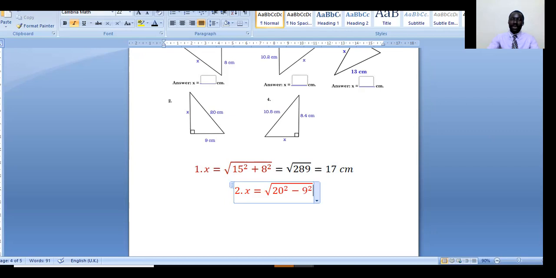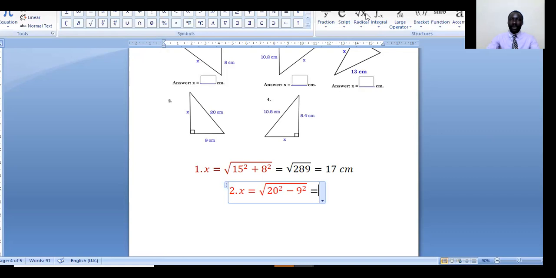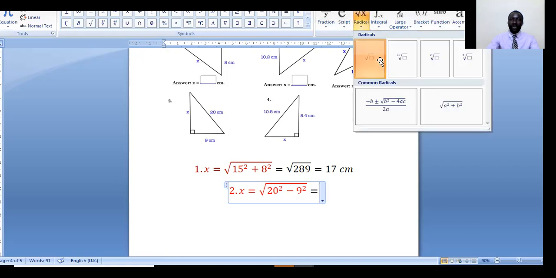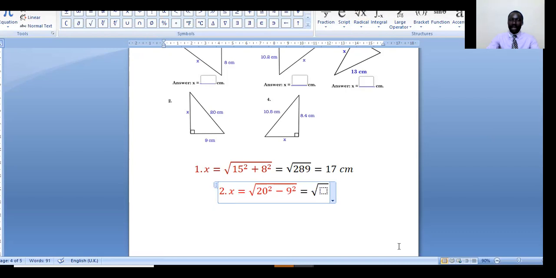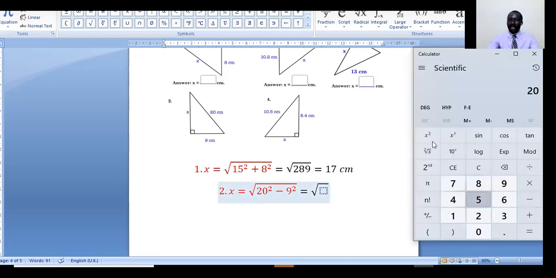Now from here, we can find the value of the square of 20 minus the square of 9. So what will that be? From here, we have to find the square root of 20 squared minus 9 squared.